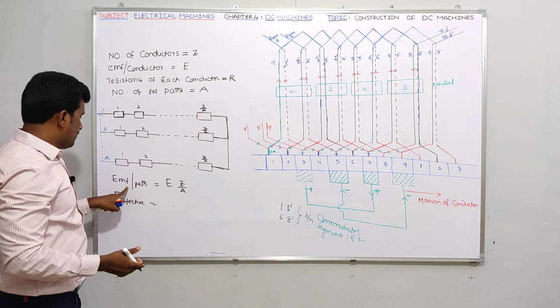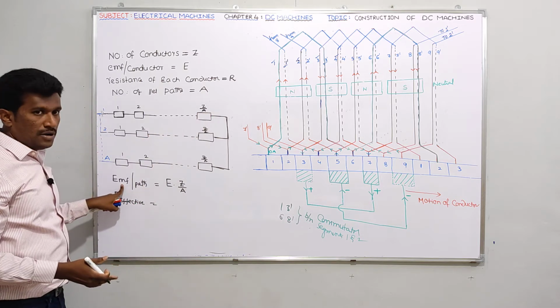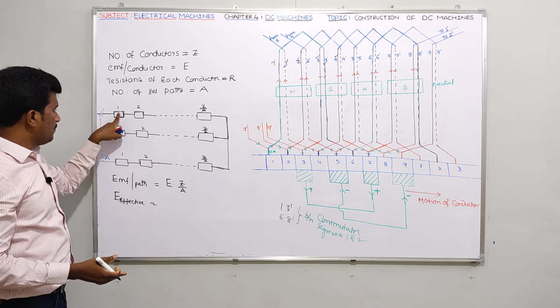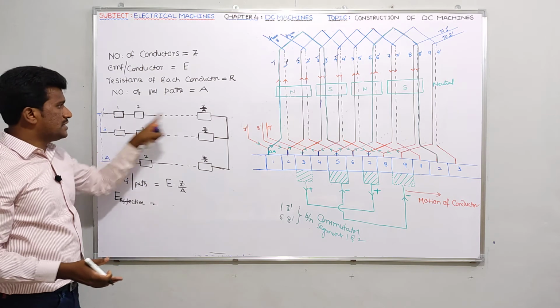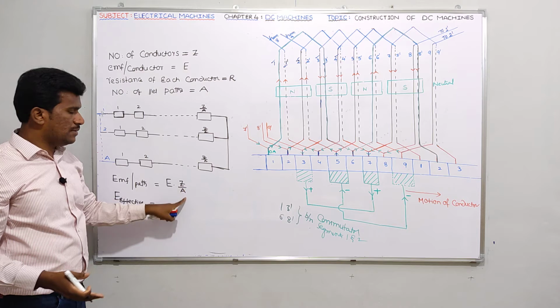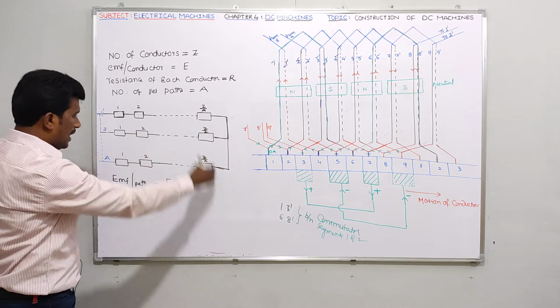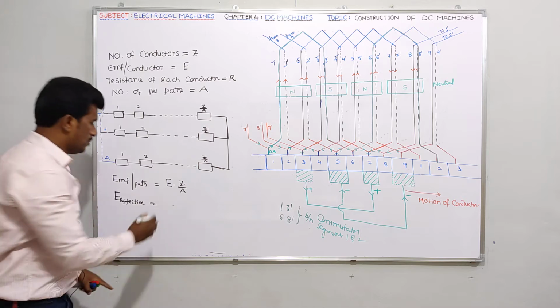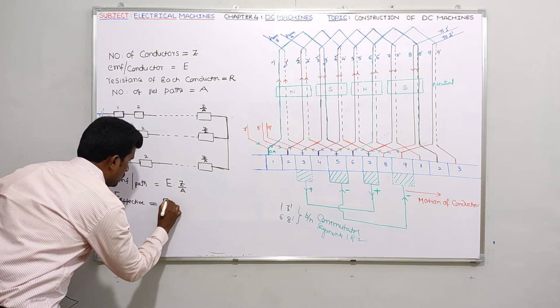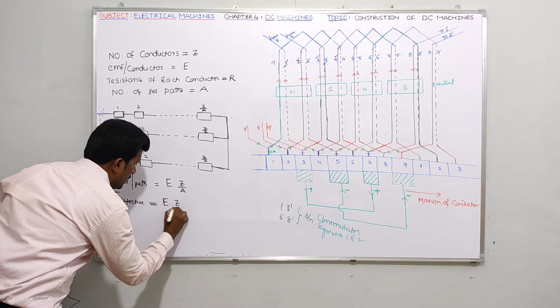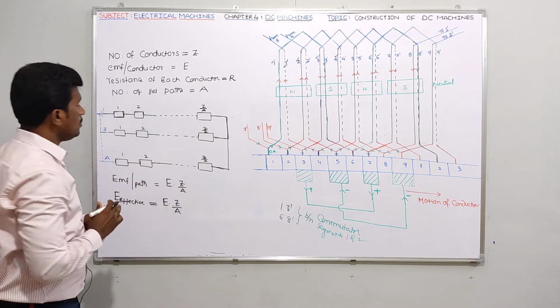So in each parallel path, the EMF is E into Z by A. If you want the effective EMF across the parallel combination, the EMF will be the same. So I can write here E into Z by A is the value.